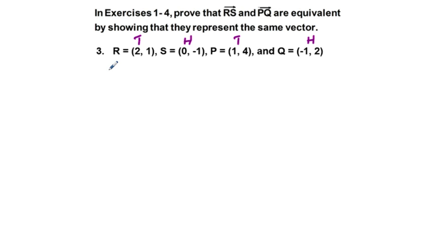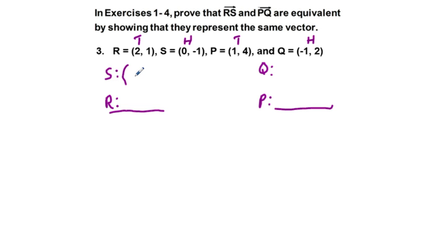I want to put head S and then R here. So just kind of set up the format. Okay, and then over here for PQ, we're going to have Q here and P here, and organization.